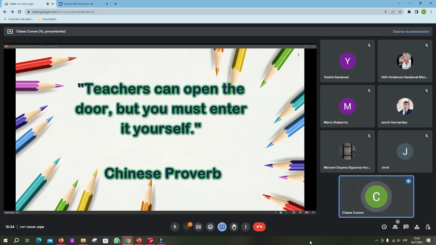So teachers can open the door. I give you the opportunity to be in the class. So you have to take advantage of that and try to participate, to learn, right? To share information with your classmates, with me, right? So remember this, teachers can open the door, but you must enter yourself, okay? That's good.